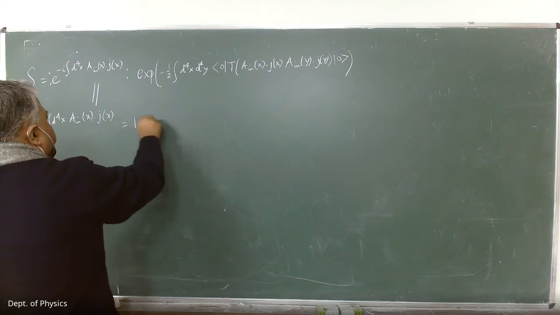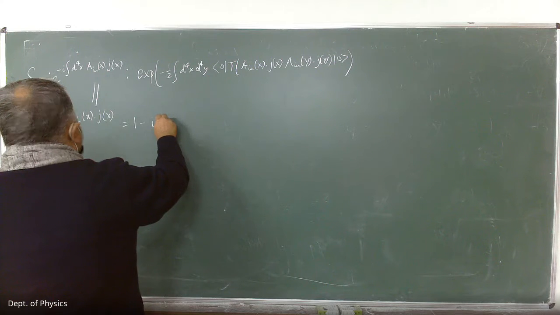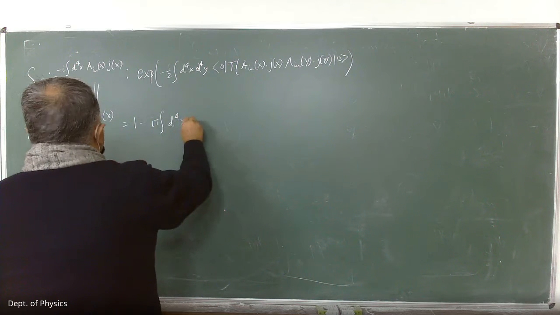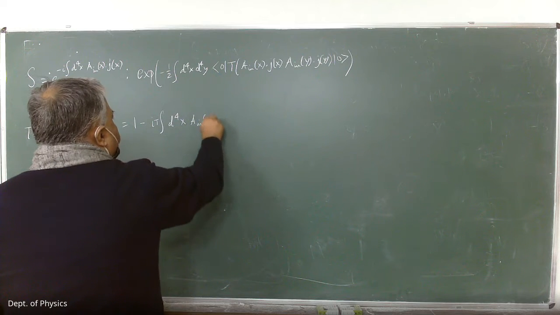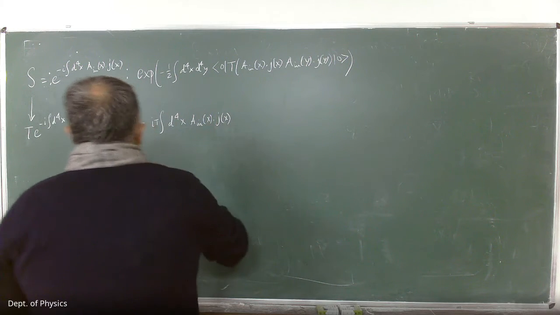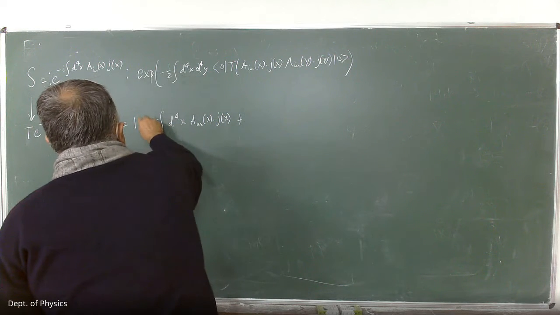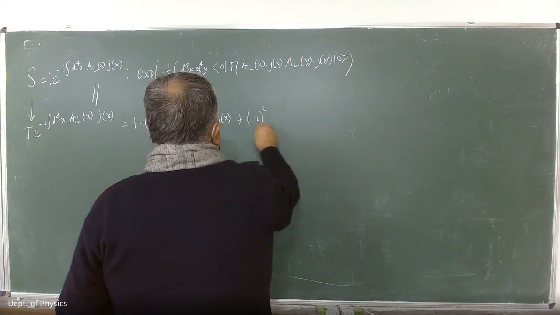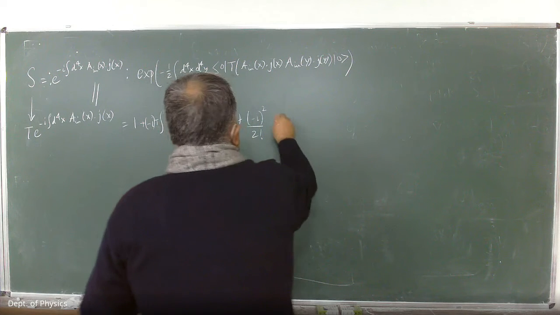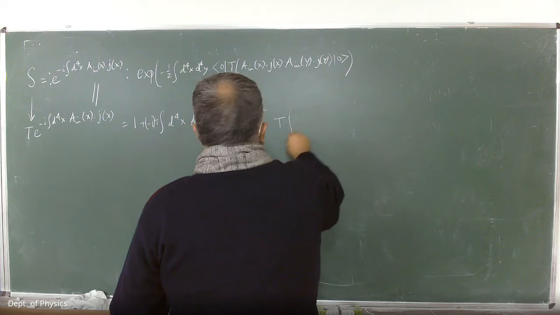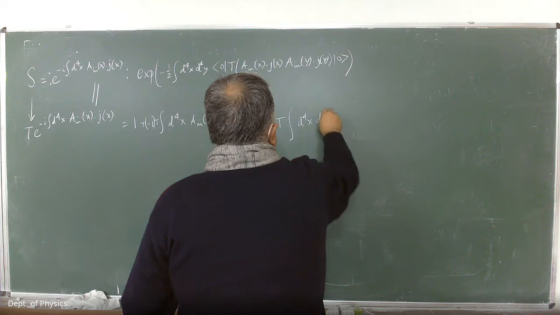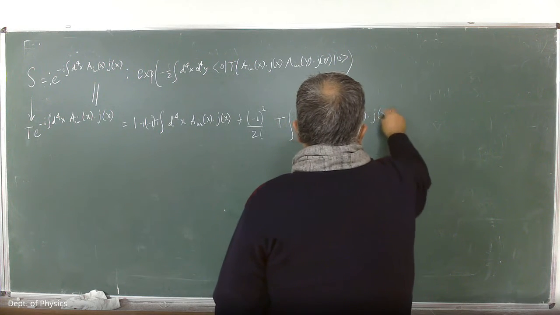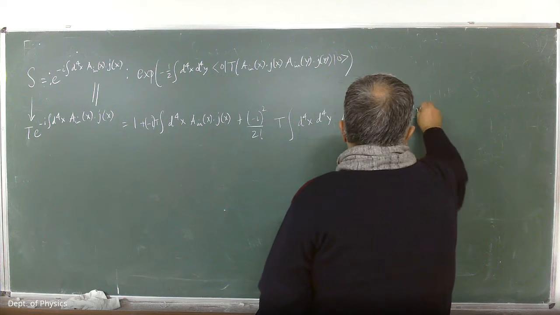Minus i, d4x, time ordered product of A in x, J x, plus minus i whole square by 2 factorial, time ordered product of d4x d4y, A in x dot J x, A in y dot J y.